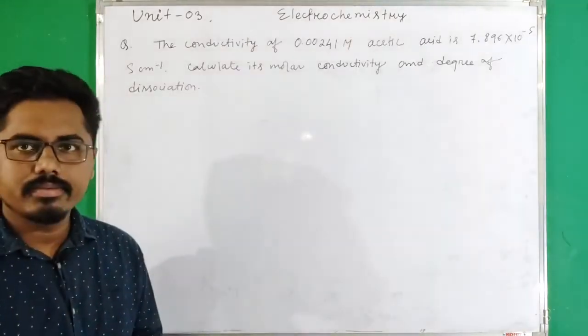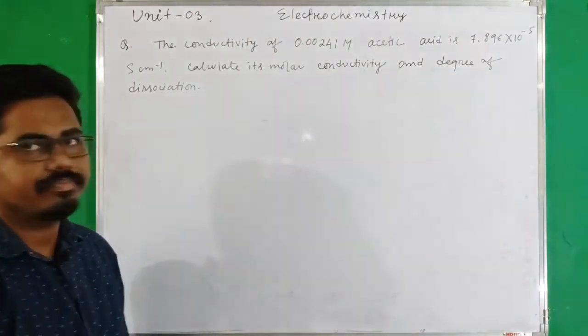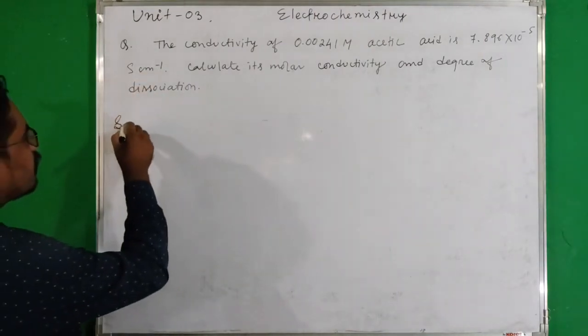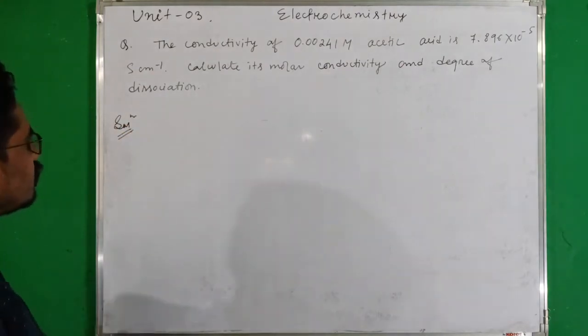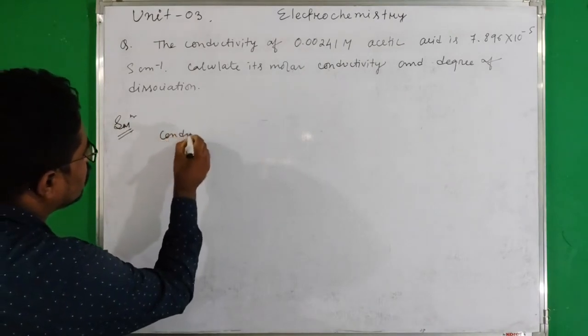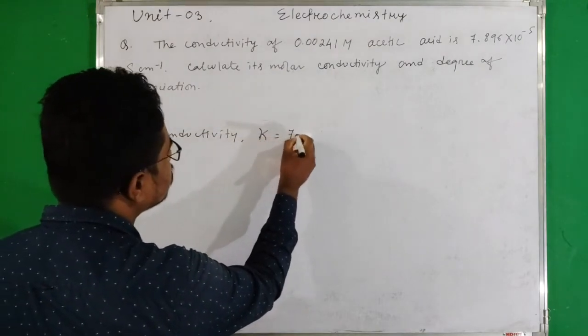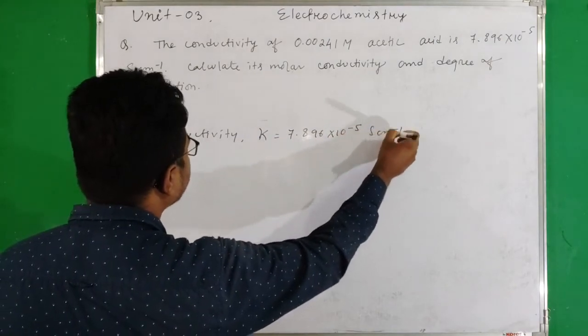Now let us solve a numerical related to degree of dissociation. The question is: the conductivity of 0.00241 molar acetic acid is 7.896 × 10^-5 Siemens per centimeter. That means the specific conductivity is given, kappa equals 7.896 × 10^-5 Siemens per centimeter.